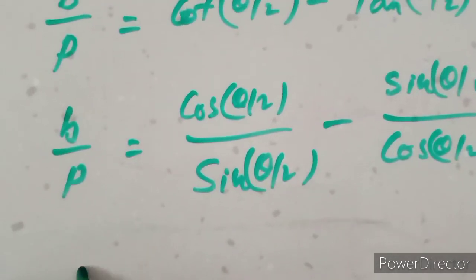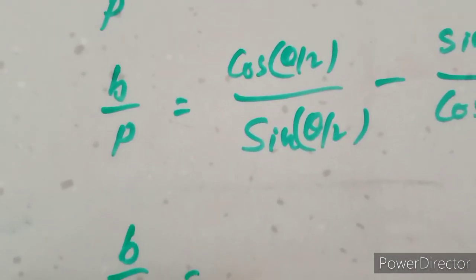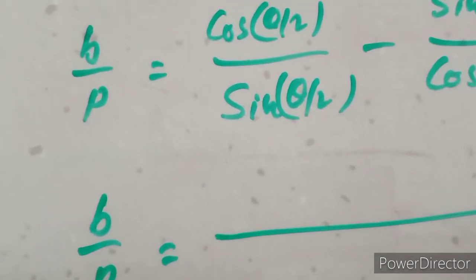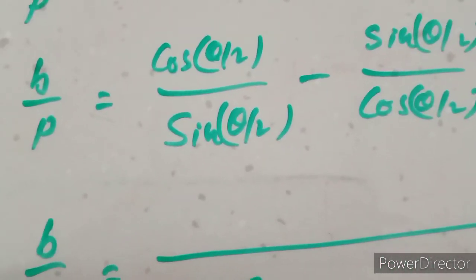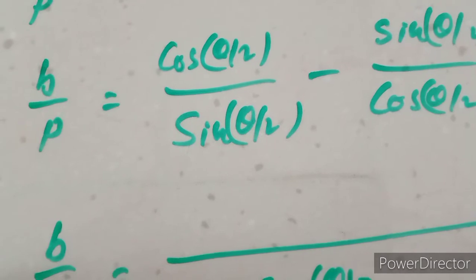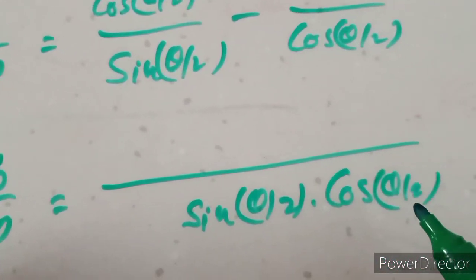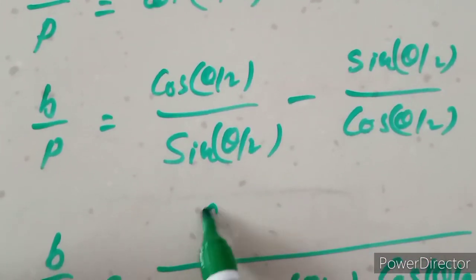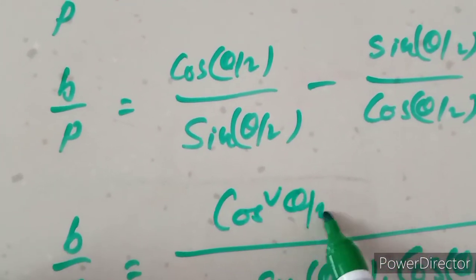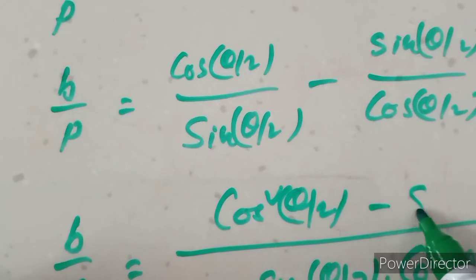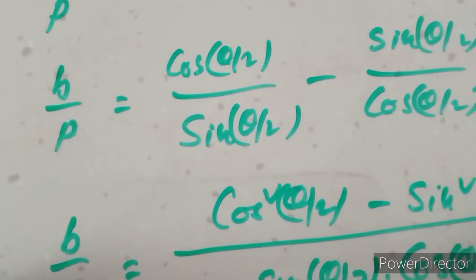So that equation can be written as B upon P equals cos square theta upon 2 minus sin square theta upon 2 upon sin theta upon 2 cos theta upon 2.